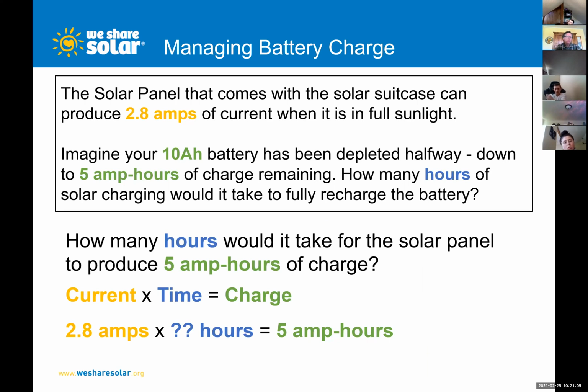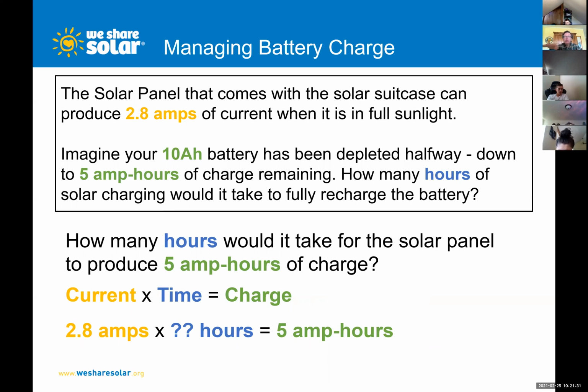Well, we can do the formula. Current times time equals charge. Down below, you can see we know we need 5 amp hours of charge, because we were at 5, we need 5 more for the battery to be fully charged. And we're getting 2.8 amps of current when it's in full sun. So it's like saying 2.8 times X equals 5.